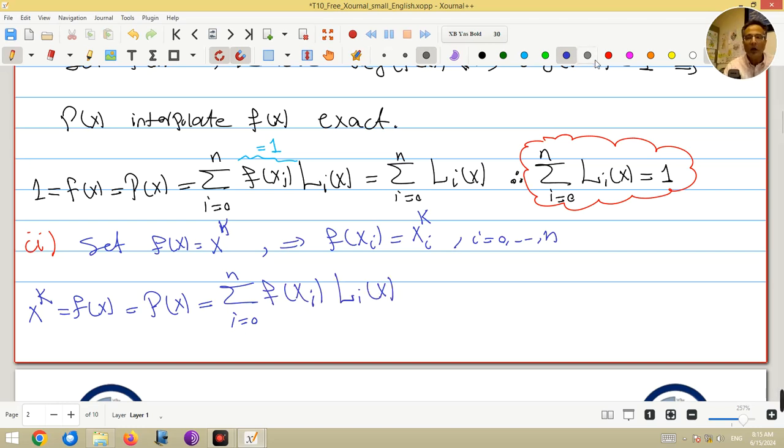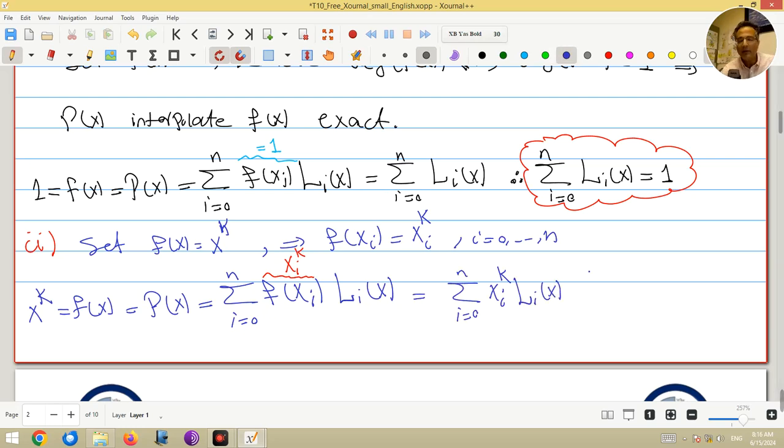And here I put, instead of f of xi, xi to the power of k, and this is equal to the sum over i from 0 to n of xi to the power of k Li of x.